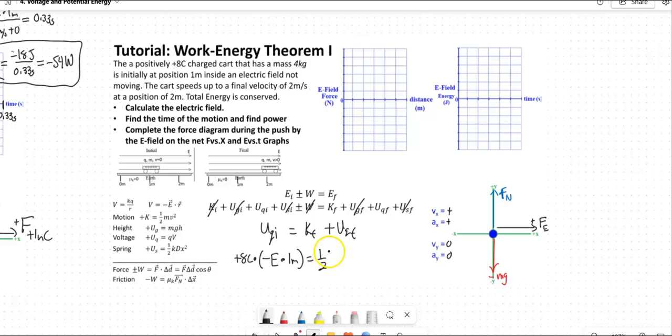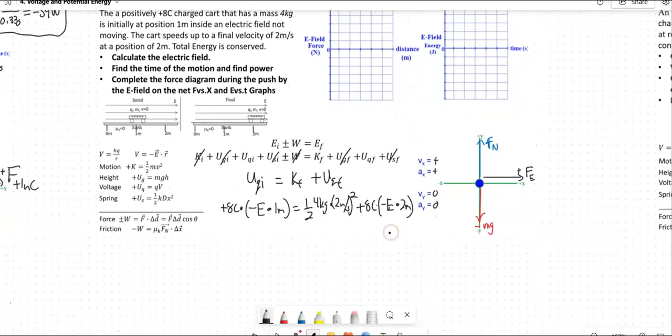This is 1/2, and the mass is 4 kilograms, and it's moving at 2 meters per second, and we're going to end up having to square that. And that's going to be plus 8 coulombs times negative E times 2 meters. Okay, and that's the final energy.